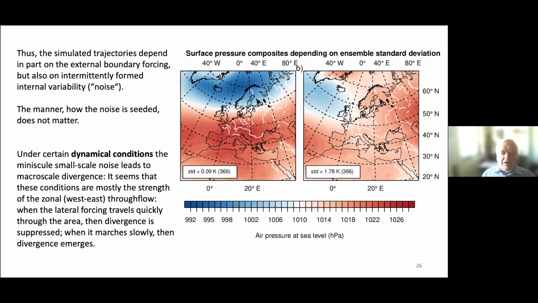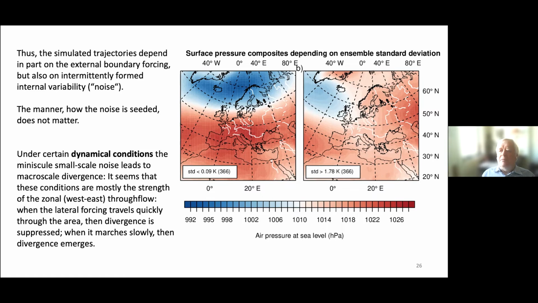And so when the strength of the zonal through flow is large, then we have little macroscale divergence, while when these disturbances march with a slow speed into the interior, then they diverge, which is again an indication that something like the stochastic climate model is at work, namely that you get large variance if the memory is large, while you get small variance if the memory is small.